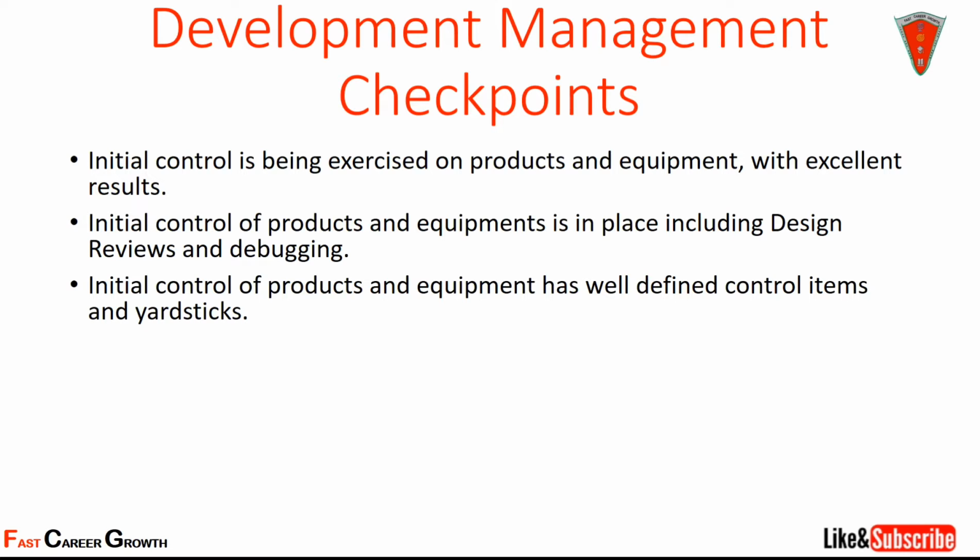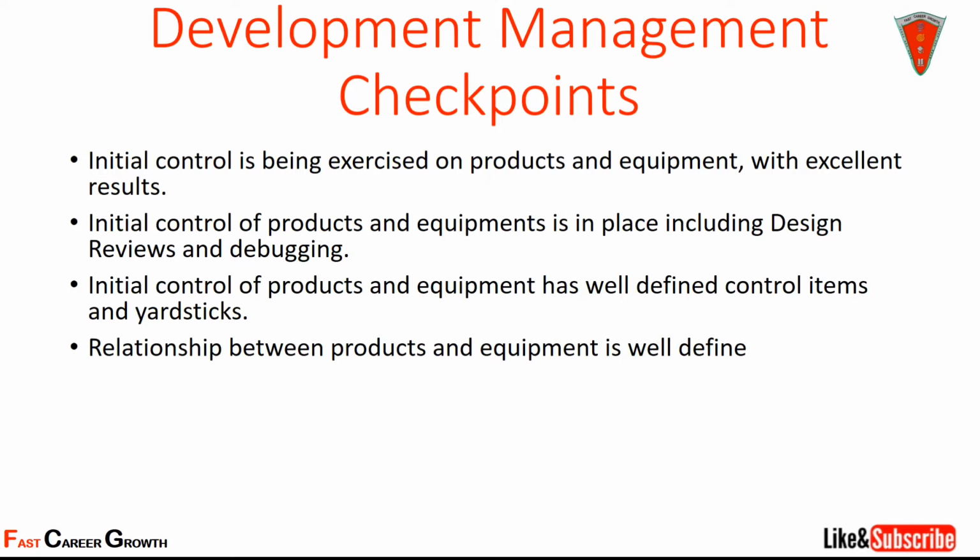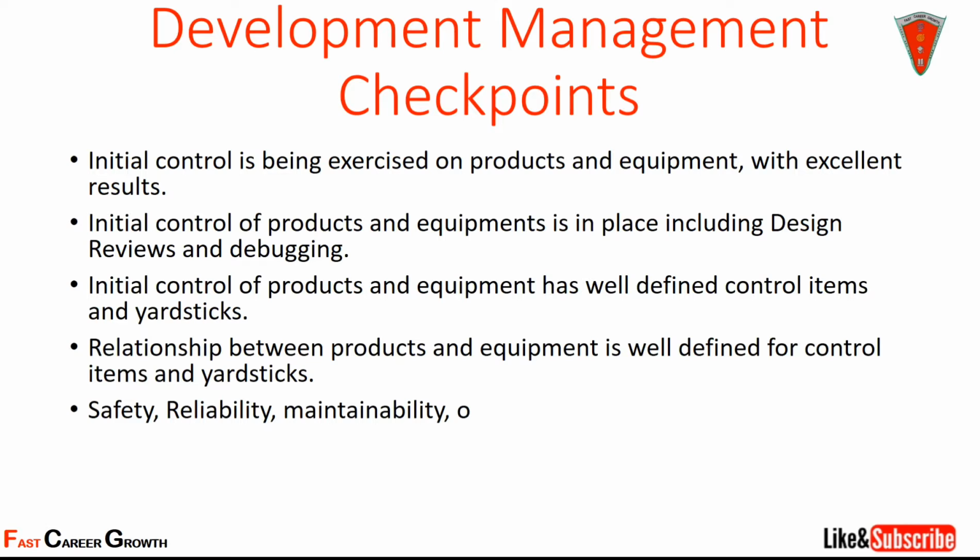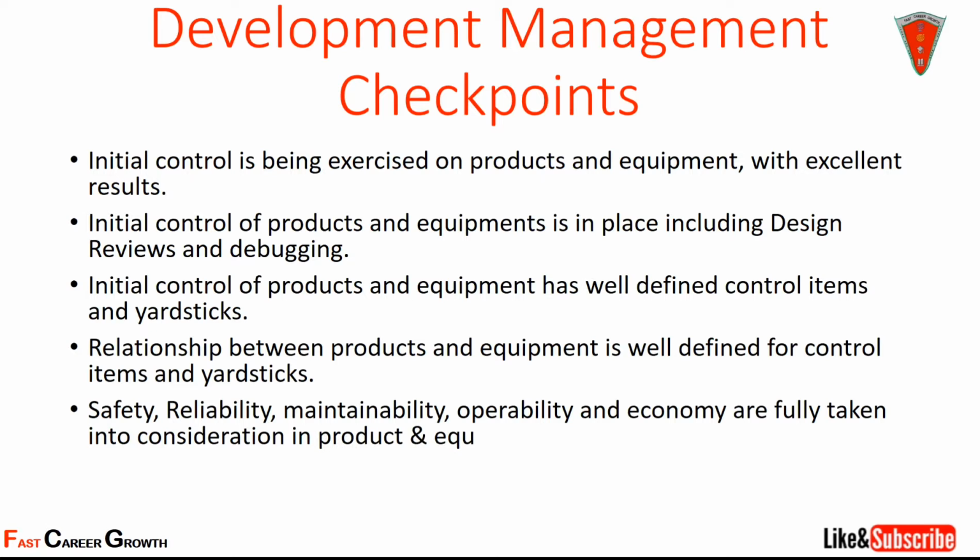Relationship between product and equipment is well defined for control items and yardsticks. Safety, reliability, maintainability, operability, and economy are fully taken into consideration in product and equipment planning, development, and design stage.